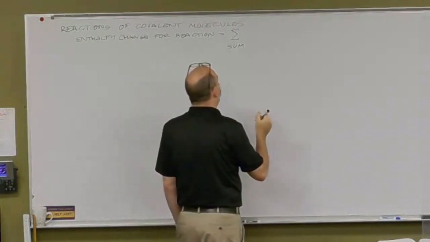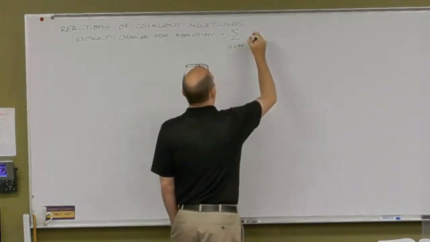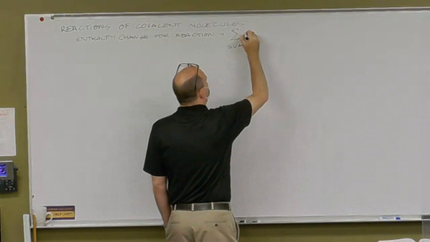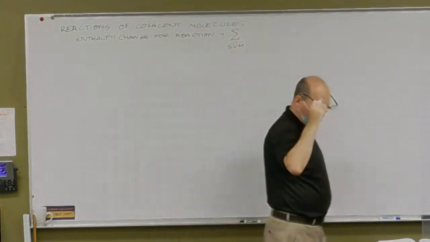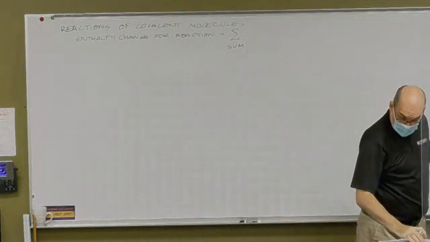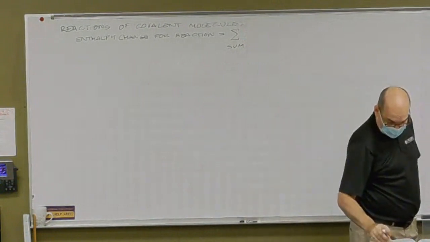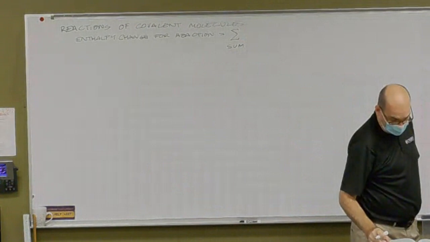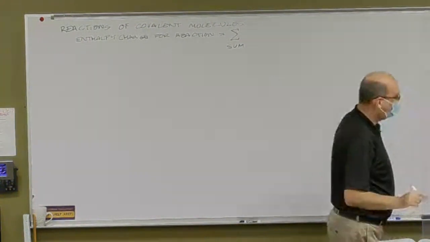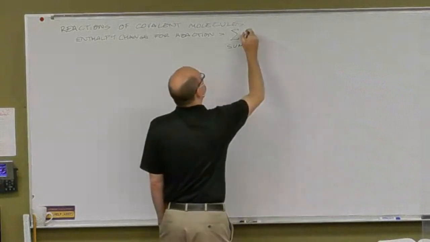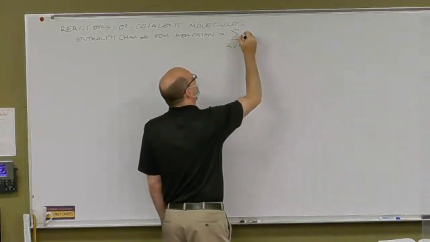We're going to add all of the numbers together of all of the bond energies. Do we actually call them bond enthalpies in this book? Our book is calling them bond enthalpies, and why not? Because that's what they are. I'm just used to them being called bond energies.